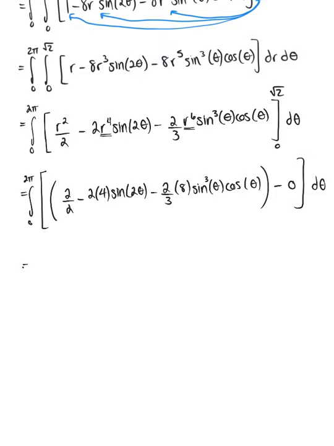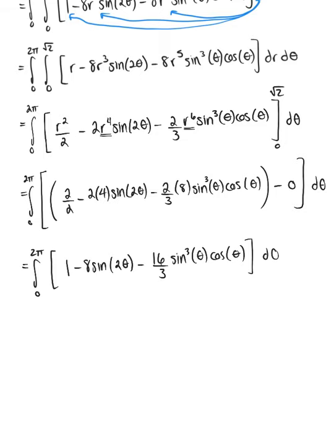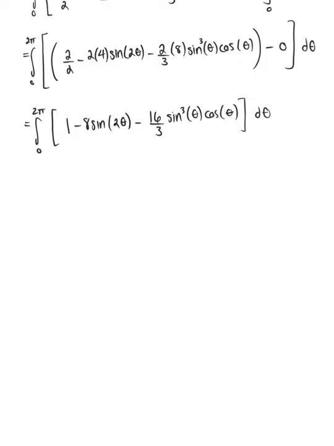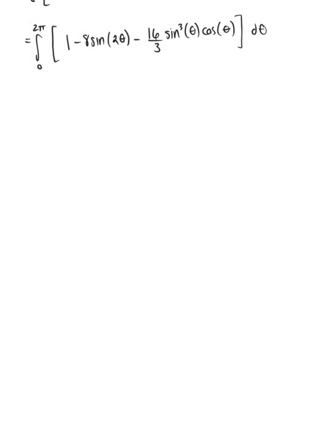And so simplifying, we have the integral from 0 to 2 pi of 1 minus 8 sine of 2 theta. We have minus 16/3 sine cubed of theta cosine of theta d theta. And so we're ready now to go ahead and integrate this with respect to theta.